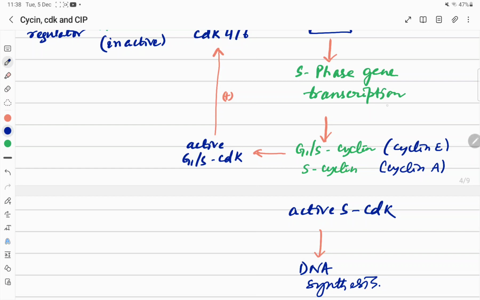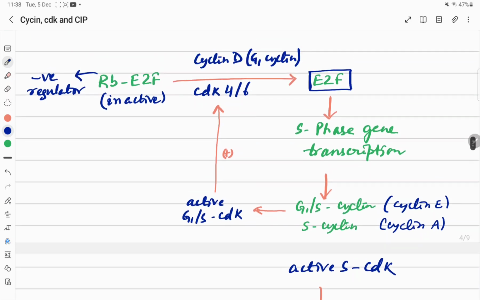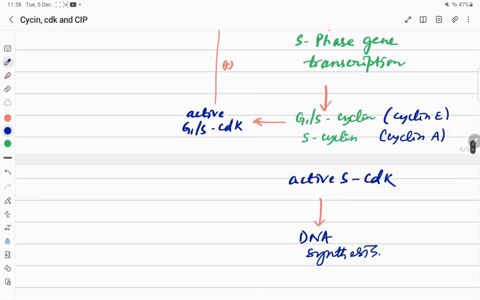So S phase gene transcription helps in activation of G1S cyclin and S cyclin. G1S cyclin like Cyclin E, S cyclin like Cyclin A. G1S cyclin will activate G1S CDK complex, and S cyclin will activate this S CDK complex, which will help in DNA synthesis. So in this S phase it will act.